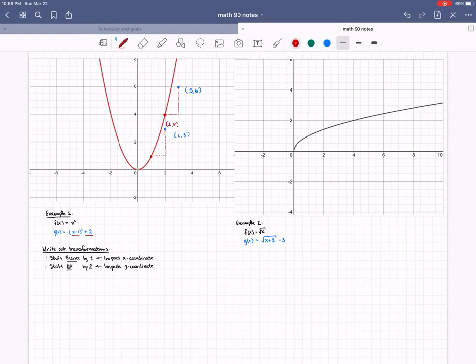Let's do a couple more. Here is (0, 0), our friend the vertex. The same thing happens to it. It goes right 1 and up 2, so it lands there at the point (1, 2).